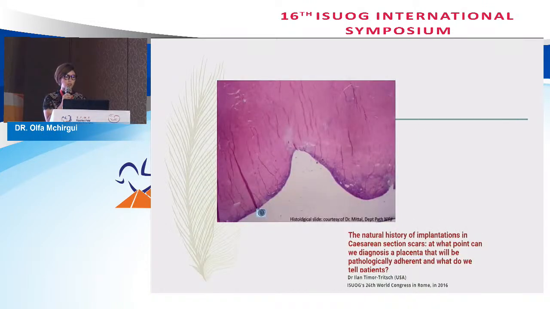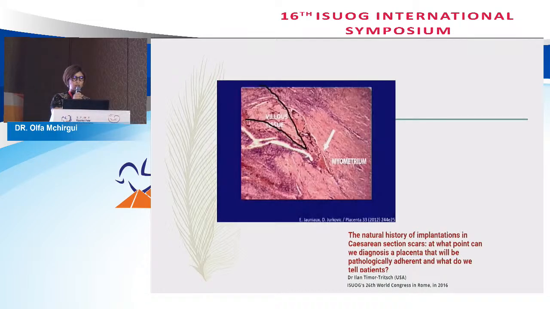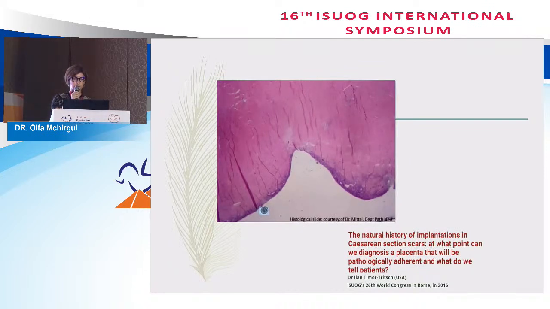So this video shows the natural history of implantation in a cesarean scar, which starts with the implantation of the egg, and then the presentation of the egg and the vascular remodeling. And here we can see the invasion of the myometrium.